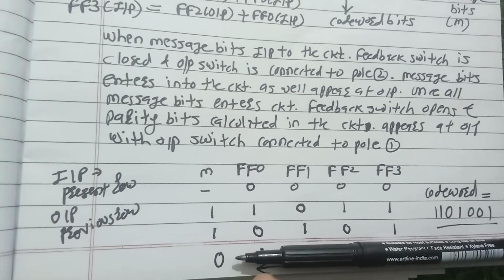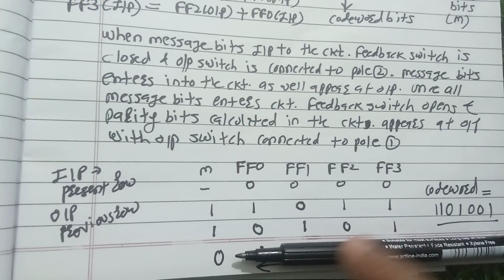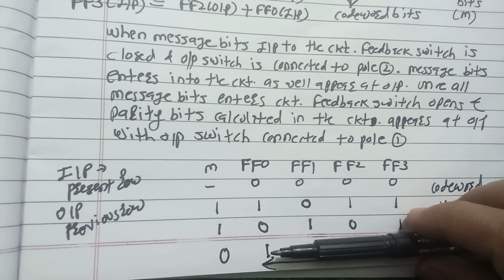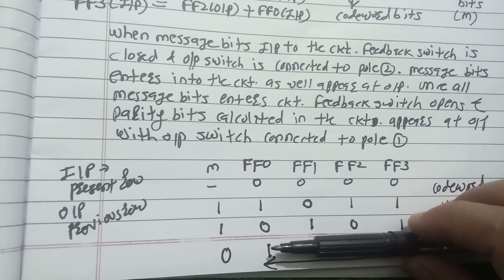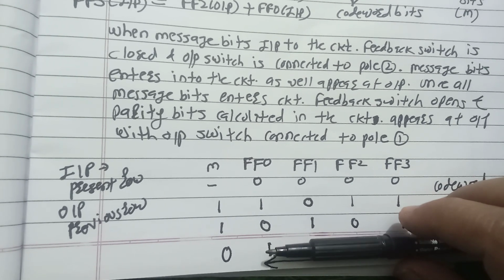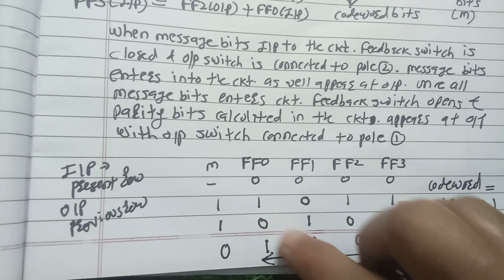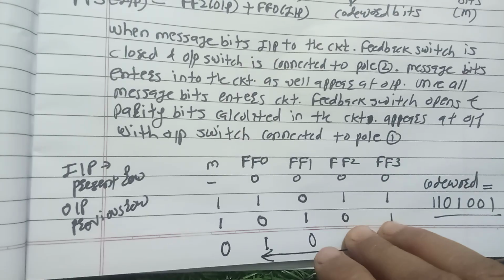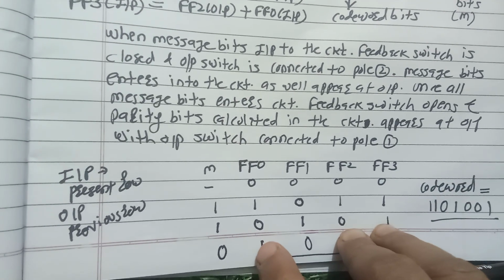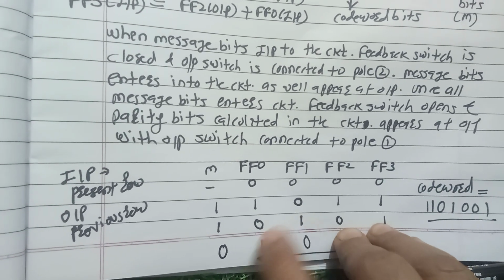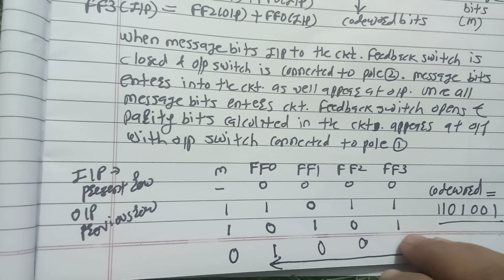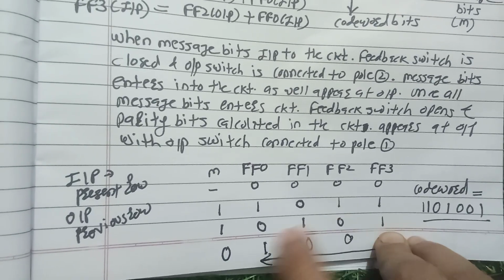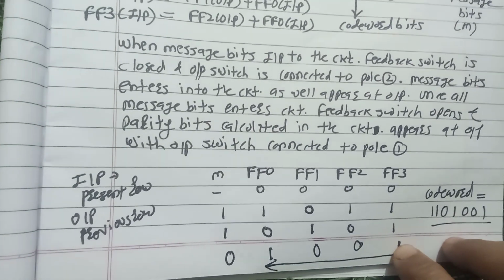Flip-flop 0 input, that means this row, is equal to 1 plus 0, that is 1. After that, flip-flop 1 input for this row is equal to flip-flop 0 output, so this 0 appears here. Now for this, you have to do flip-flop 0 input plus flip-flop 1 output, 1 plus 1, 0. Now for this, you have to do flip-flop 0 input 1 plus flip-flop 2 output, 1 plus 0, that is equal to 1.